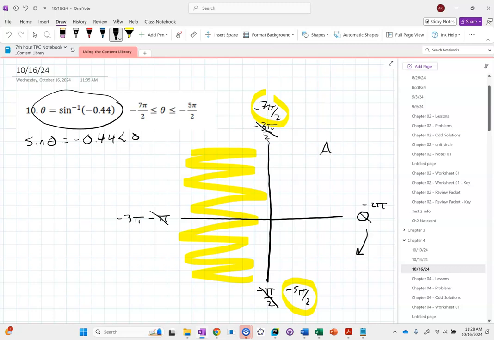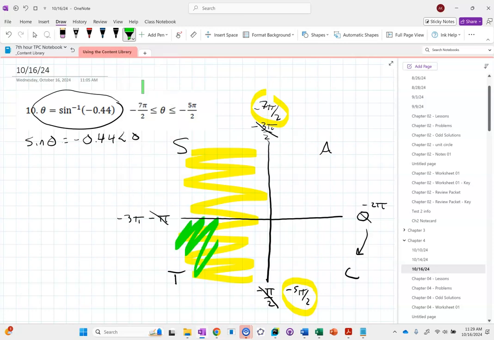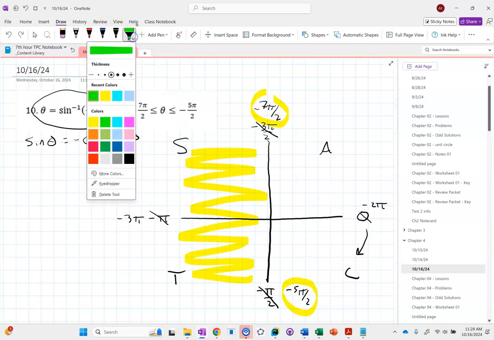So if I use my All Silly Turtles Crawl, I know that those letters are telling me which trig functions are positive in that quadrant. A is all of them are positive, so sine can't be negative there. S is sine is positive, so sine can't be negative there. T is tangent is positive, so sine and cosine are negative. So that's one that I might want.